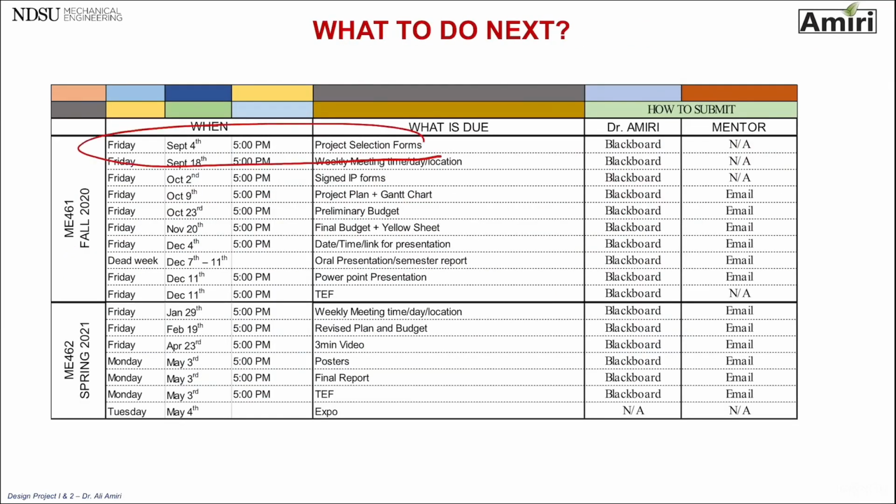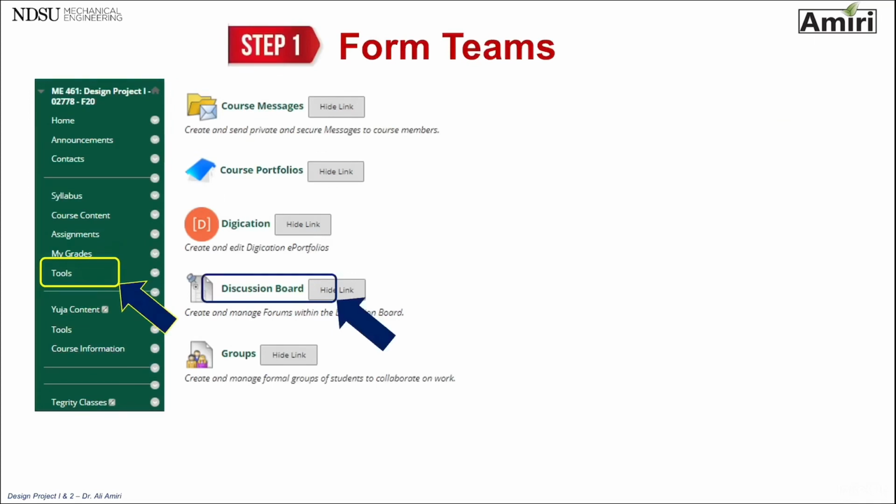So now we're getting to this project selection form, which is due September 4th. The first step is for you guys to form teams. If you already have a team, with a minimum of 4 and a maximum of 5, you should be fine. You can move on to step 2.